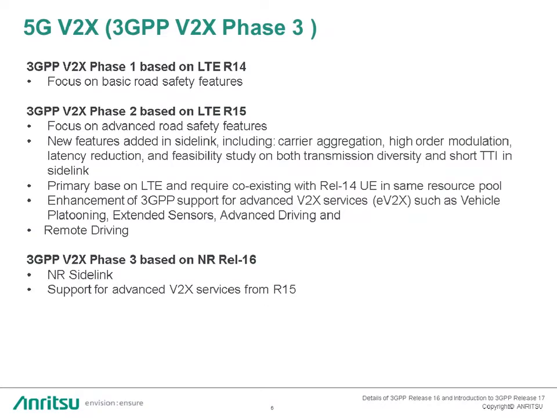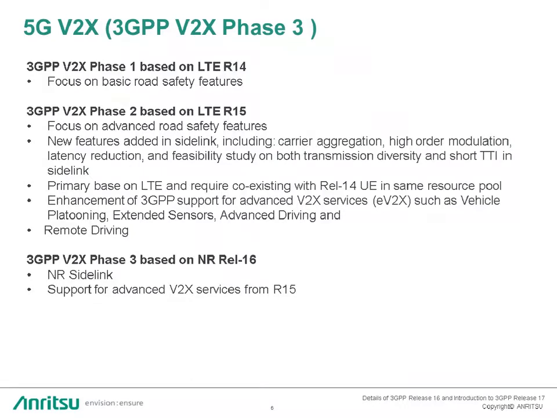Then the basic idea was that this was around LTE, so it was using the release 14 UE along with release 15 V2X enhancements in the same resource pool, using the same resource in the protocol stack.